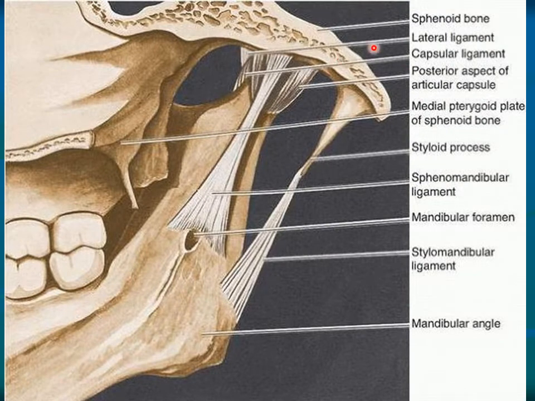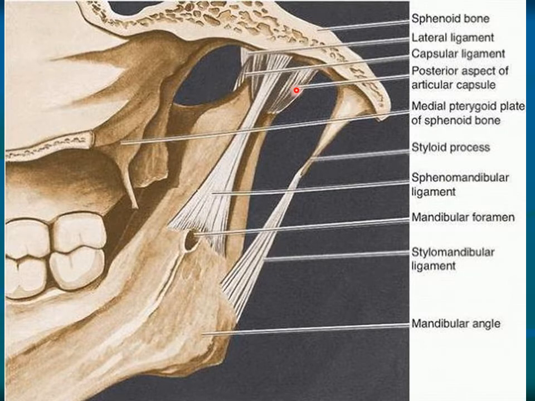We can see here, this is the sphenoid bone. This is the styloid process. This is the stylomandibular ligament, starting from the styloid process and ending at the mandible. This is the mandibular angle. This is the sphenomandibular ligament, starting from the sphenoid bone and ending at the mandible.